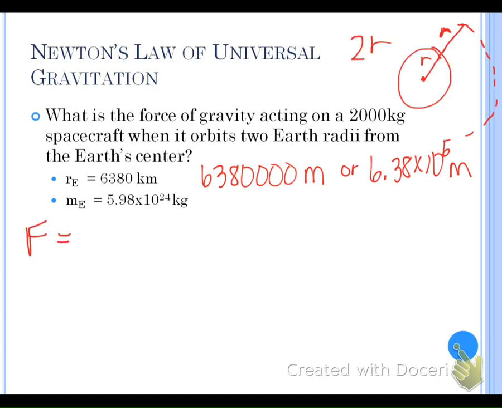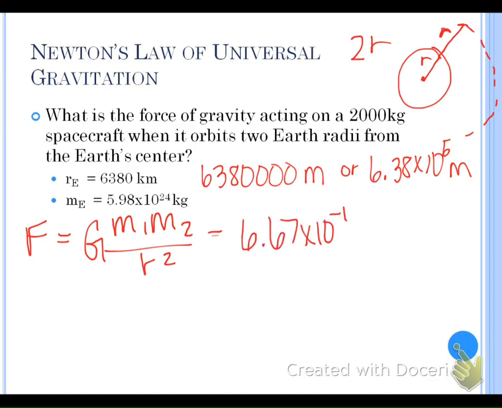Our equation is F equals G times M1 M2 over R squared. One of these masses is going to be the mass of the Earth. So if we plug in, we get 6.67 times 10 to the negative 11th times M1, which we'll say is the mass of the Earth, times M2, which is the satellite mass.